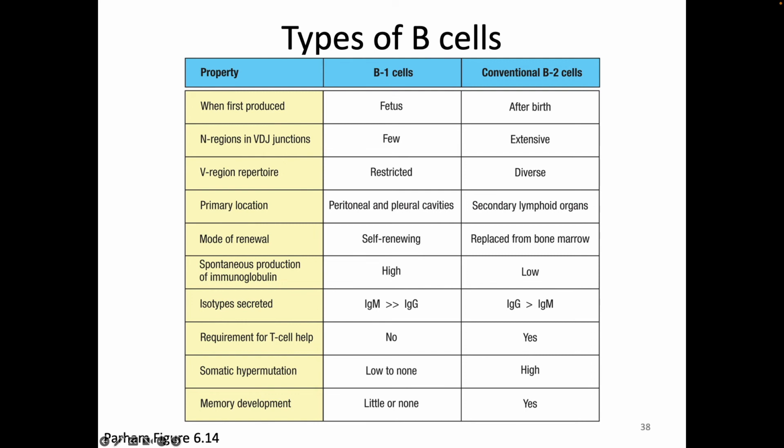So I'm going to spend the rest of the time today talking about some experimental stuff. When we think about B cell development, we often will look at measurements of B cell development using flow cytometry.